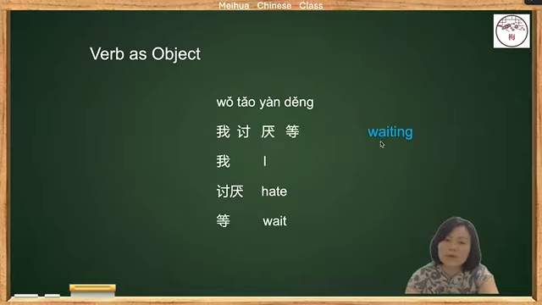So in English, we should say, I hate waiting. We should not say, I hate wait, right? So now you may understand the difference between Chinese and English. In Chinese, it's super flexible.